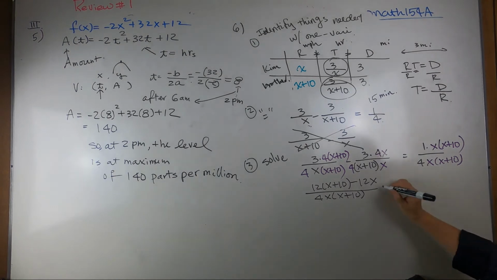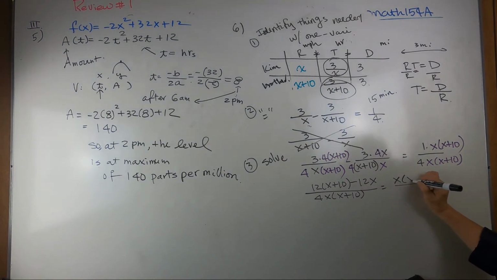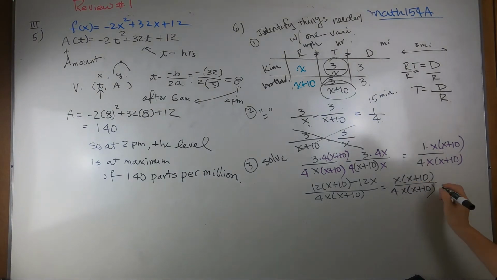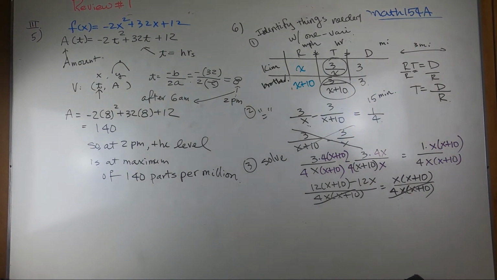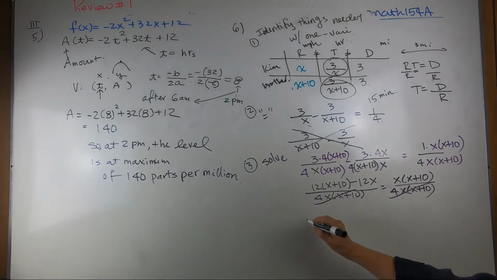Then here will be x plus 10 for x, same LCD. If you have the same LCD, you can cancel them out, right? Because we will not make the denominator 0.